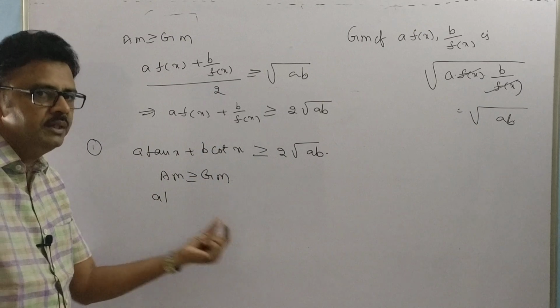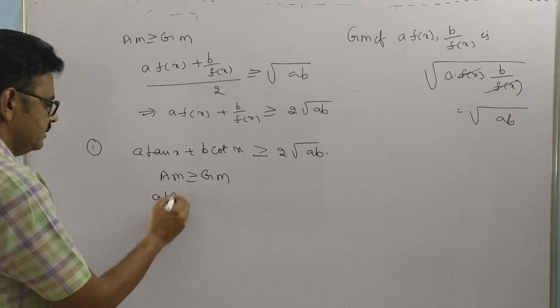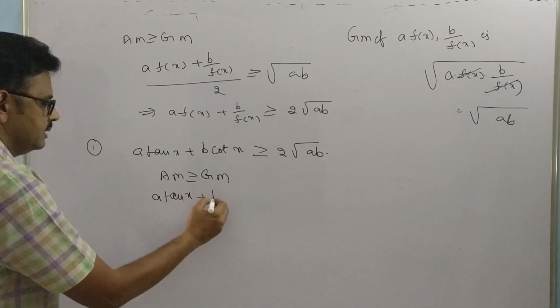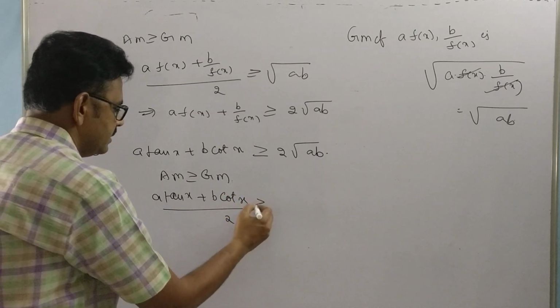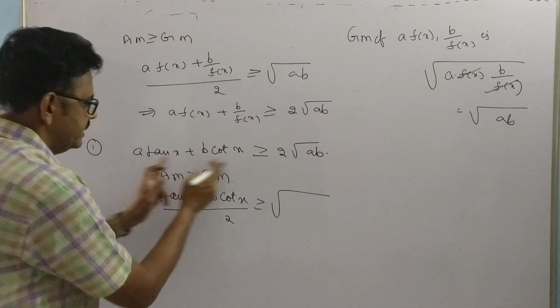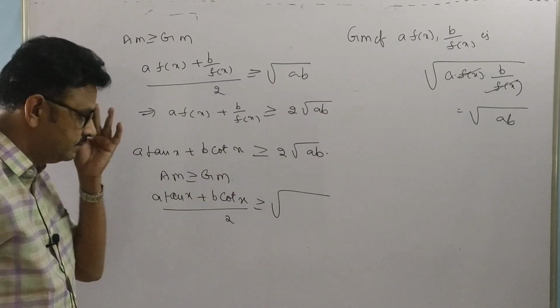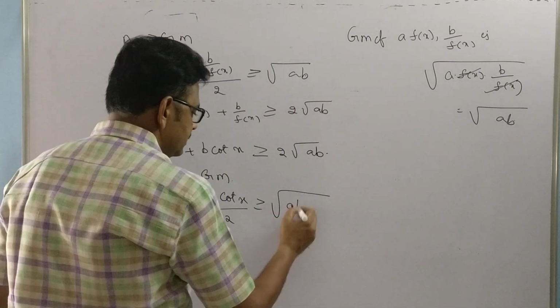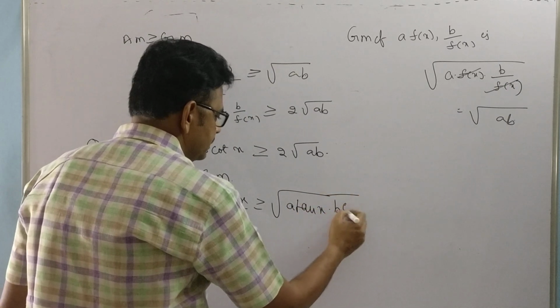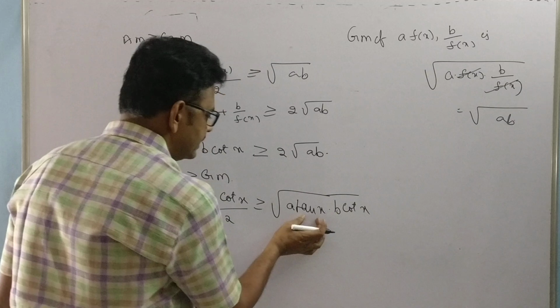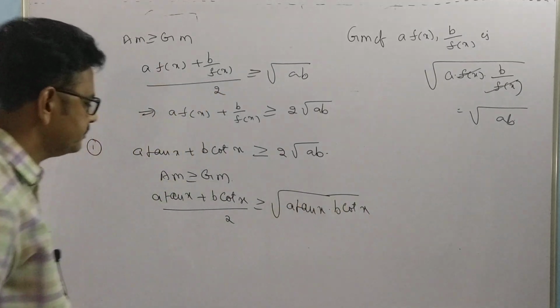A plus B by 2, arithmetic mean. A tan x plus B cot x by 2 is greater than or equal to geometric mean of A and B, root AB. That is root of A tan x into B cot x. You know that tan x into cot x is 1.